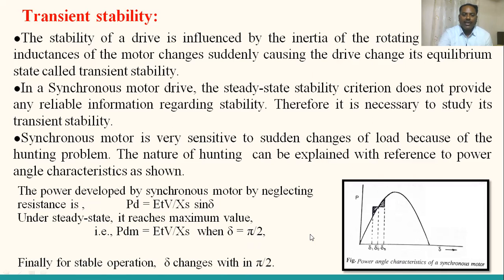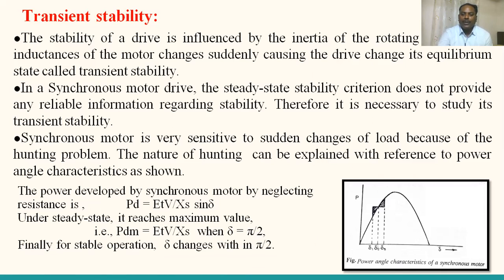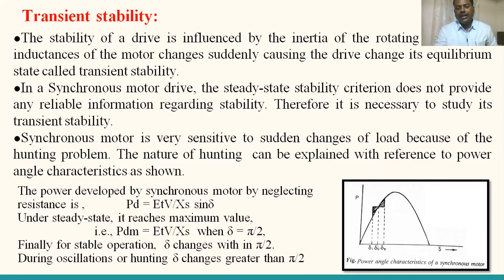You can easily evaluate this. For stable operation, delta changes from 0 to pi by 2, which is 90 degrees. From 0 to 90 degrees, it is in the positive way. But beyond that, during the oscillations or hunting, delta becomes greater than pi by 2.